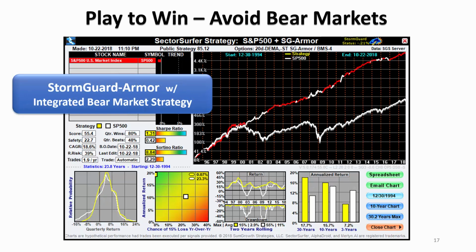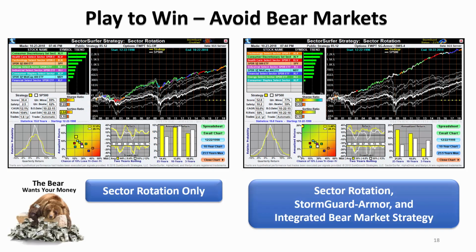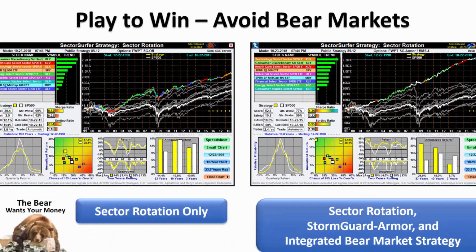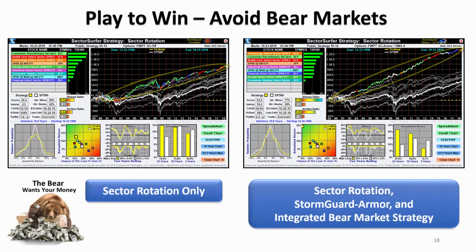Best of all is to employ StormGuard Armor with an integrated bear market strategy, which automatically identifies safe harbor bond and treasury funds that can produce positive returns during a bear market. The improvement for including StormGuard Armor and an integrated bear market strategy is dramatic on their risk-return charts, their Sharpe ratios, and their equity curves. Now that's something to write home to mom about.